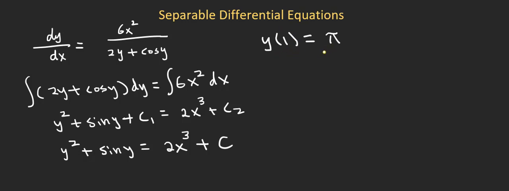If they had given us that information, all we have to do is plug it in. So what is y when x equals 1? Pi. So it's going to be pi squared plus sine of pi equals, now x is 1.